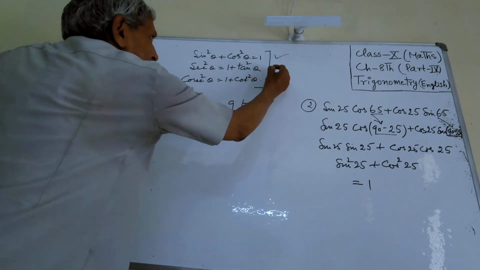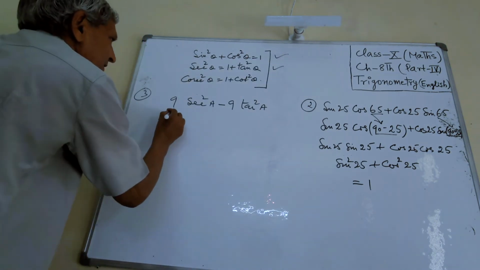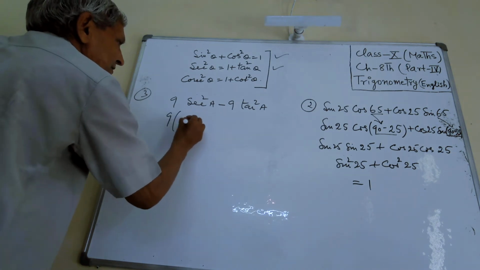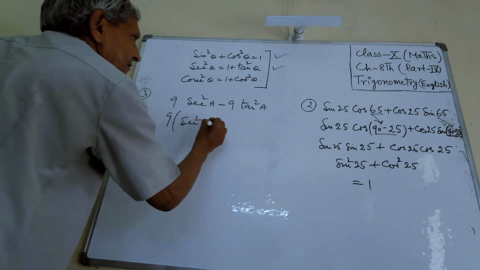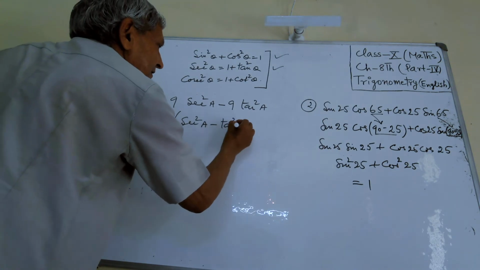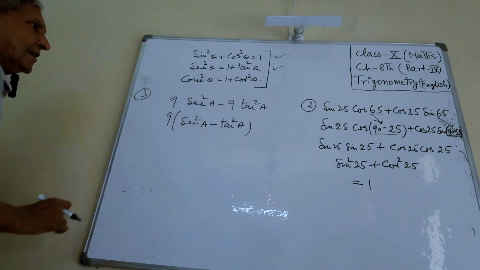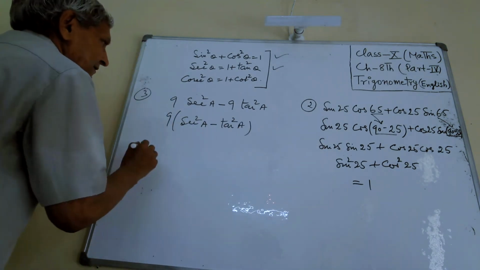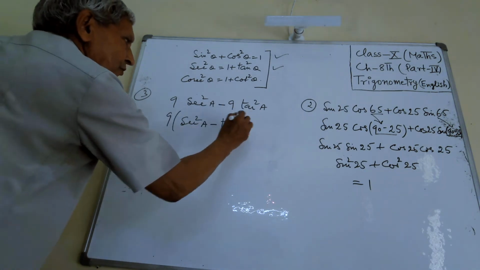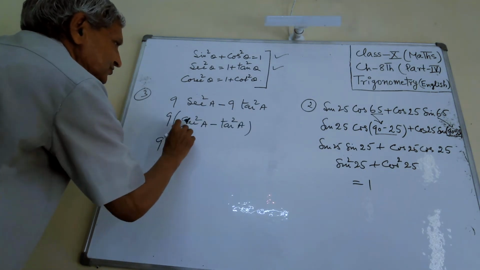Now in this, I will apply the second. 9 is common: 9 times sec square A minus tan square A. I take 9 common from both, and now apply sec square A.